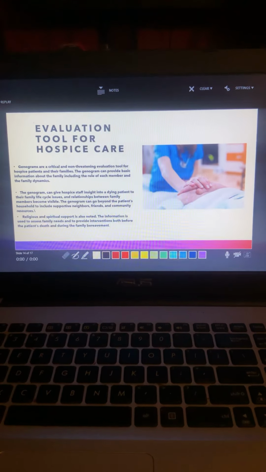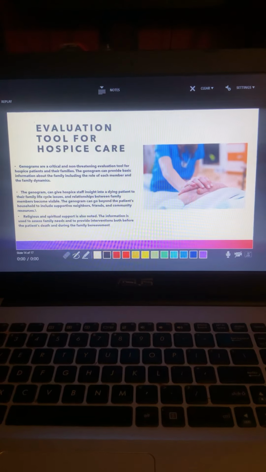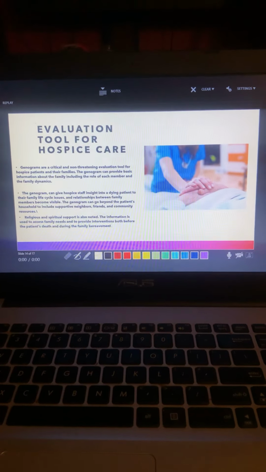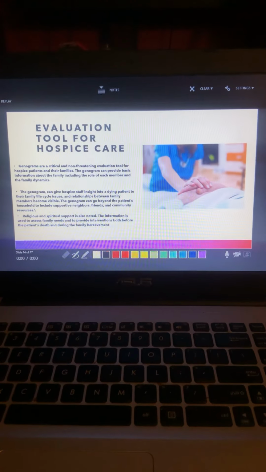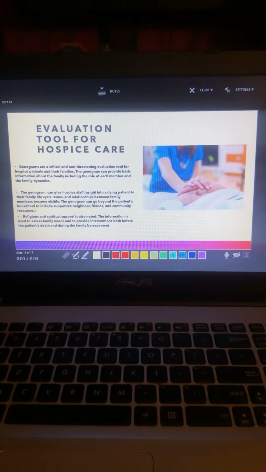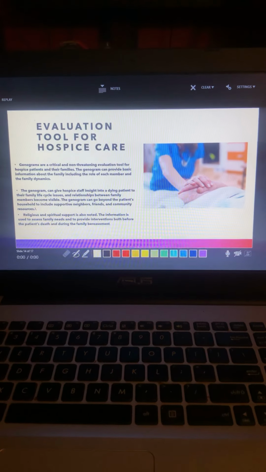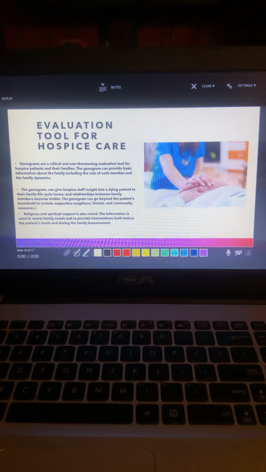They can get a big overview of the patient they're caring for, which could be their last weeks or last times shared with them, just to know what they were dealing with, what their relationship was with their spouse or different family members in the neighborhood.